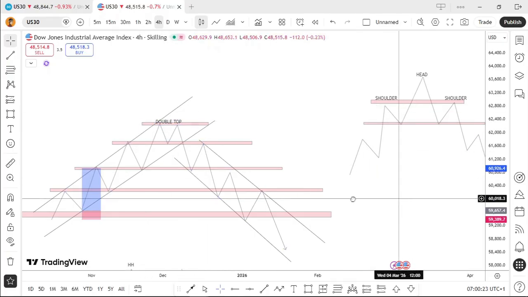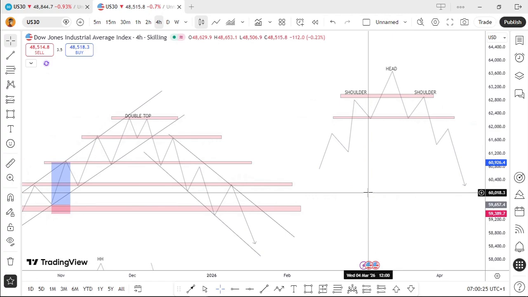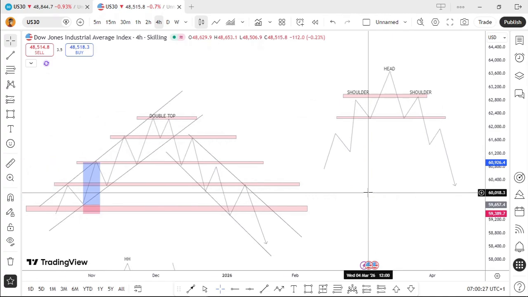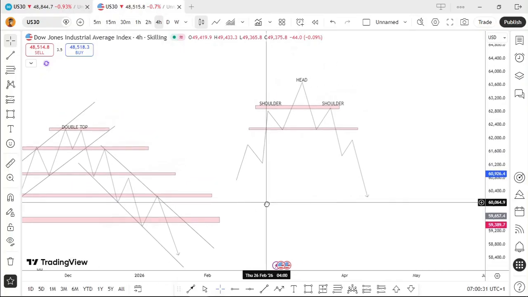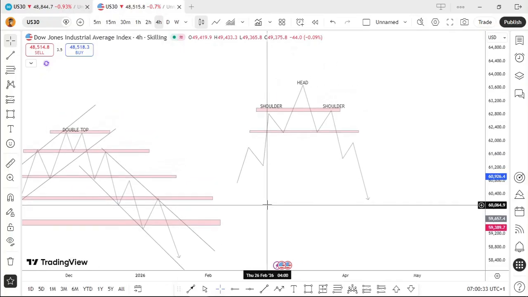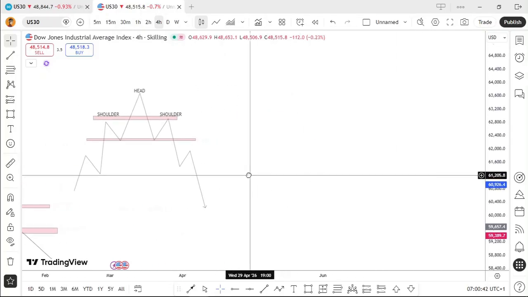So in the case of a bearish market, the opposite of double top is double bottom. Then the opposite of head and shoulder in a bearish market is inverted head and shoulder. When we say inverted, it is something that is turned.